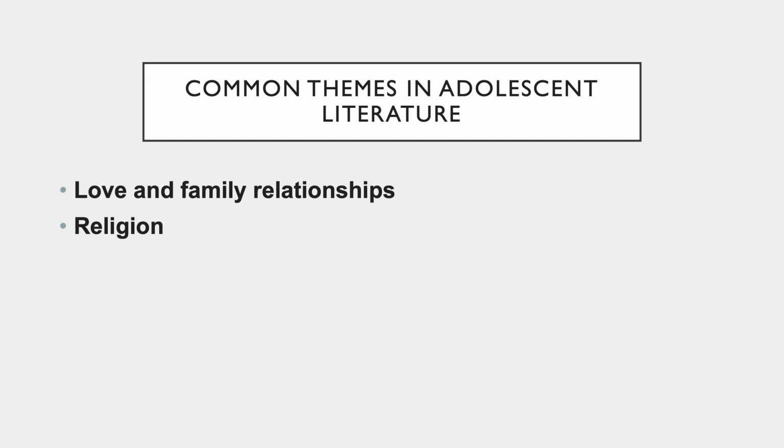It's not a case where all the themes that I'm discussing you will find in all the books that you have to read. No. You will see some of these themes, and my list is very limited. So perhaps outside of what I am discussing, you have other themes coming out, and that's quite okay. But religion tends to be another very popular theme that you find in adolescent literature.